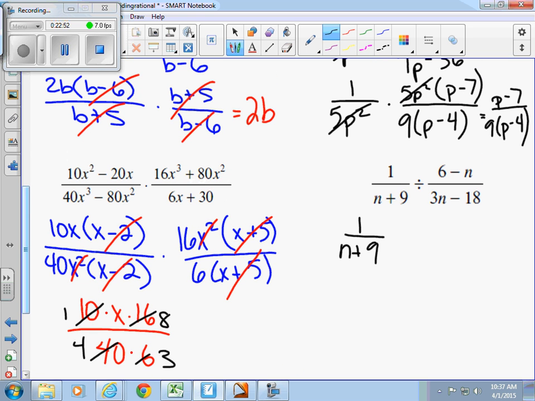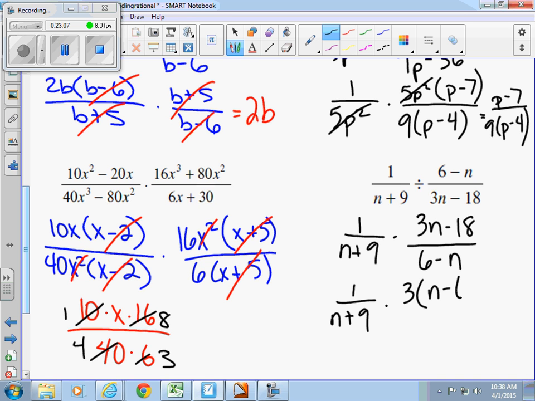What's the first step on the second one? Flip it. Anything factor? 3 factors out of the top. So what do I need to do to the bottom? Which makes it n minus 6.